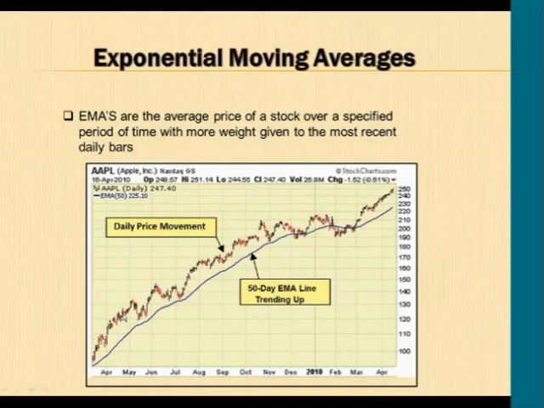Here's another daily price chart of Apple with these vertical lines representing the daily price movement of Apple stock, and this blue line is the 50-day exponential moving average line, and that's plotted along with the price movement of the stock. And the exponential moving average is the average price of a stock over a specified period of time, with more weight given to the most recent daily bars. So this is the 50-day exponential moving average line for Apple stock.